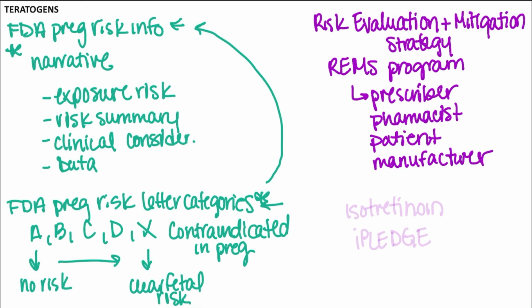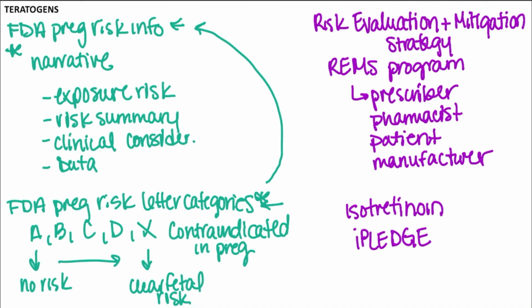For example, the retinoid isotretinoin has a REMS program called iPledge that requires many of these example measures I just listed and is under a restricted distribution plan with the goal of preventing fetal exposure to this agent.